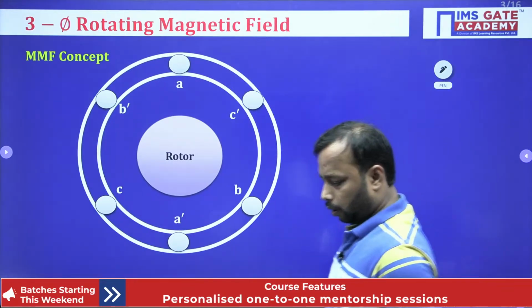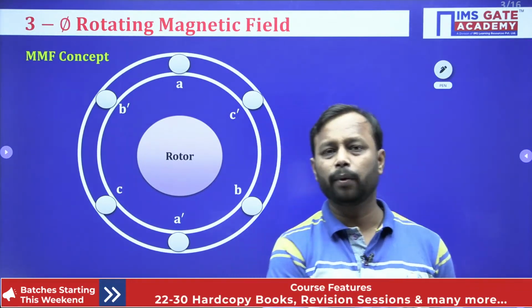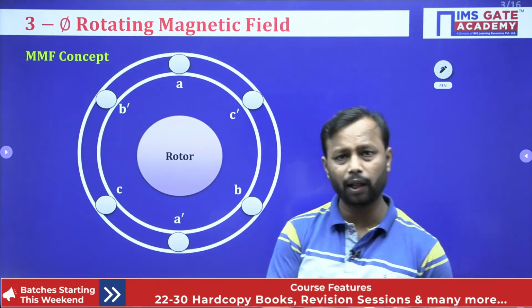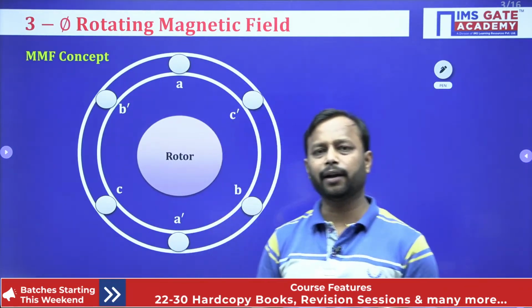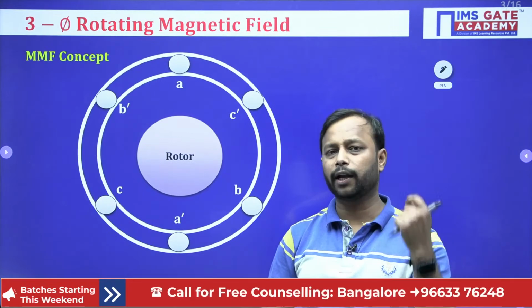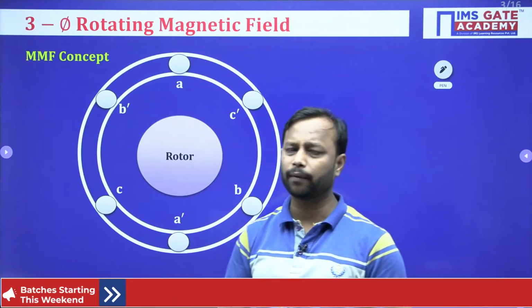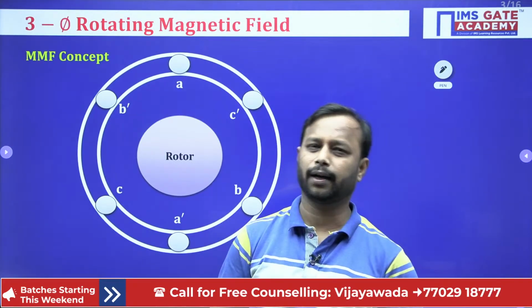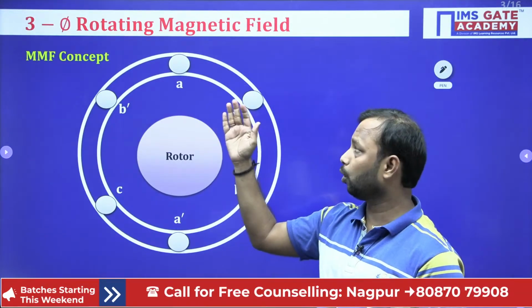Now, as we know from Faraday's laws, an EMF will be induced in a conductor only if we have a rotating magnetic field. Until and unless we have a rotating magnetic field, we cannot have an EMF. If we do not have an EMF, then current will not flow in the conductor and the machine will not operate.